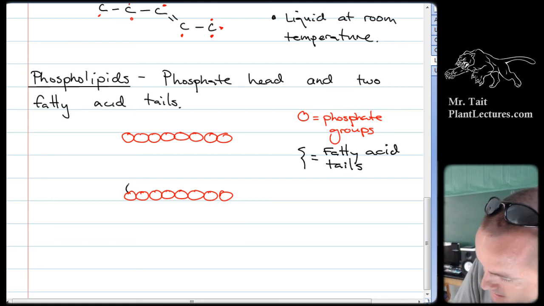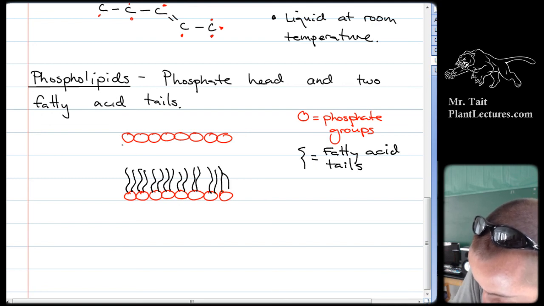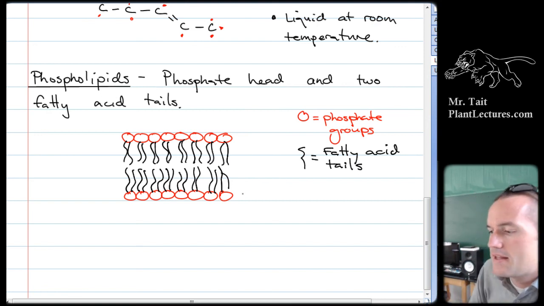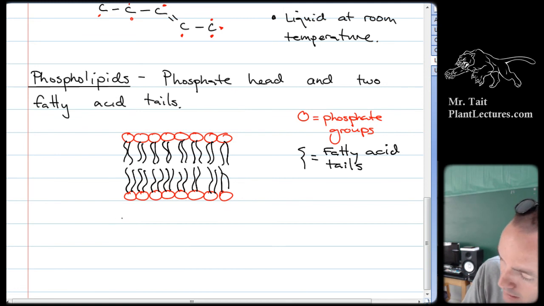So all the fatty acid tails are going to point towards each other in the middle, like this. And the phosphate heads are going to point out towards the water, because there's probably water out here and water in here. Okay? So this is called a phospholipid bilayer.